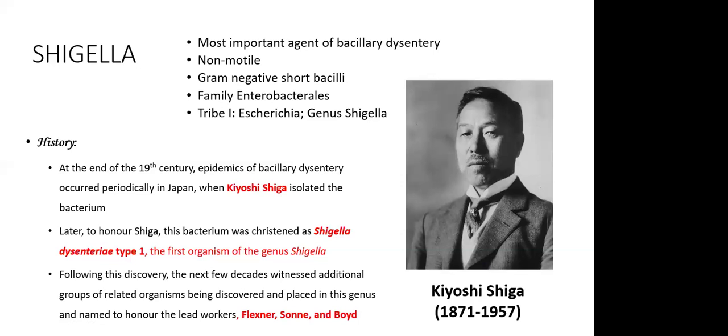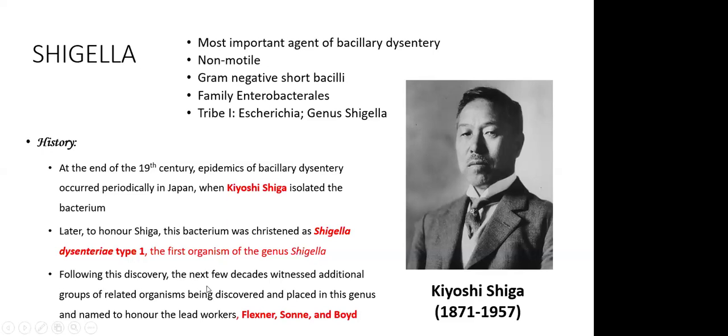There was an epidemic of bacillary dysentery occurring in Japan, where Kiyoshi Shiga, a Japanese microbiologist, isolated this bacterium, and later it was named Shigella dysenteriae type 1, which was the first organism of the genus Shigella.